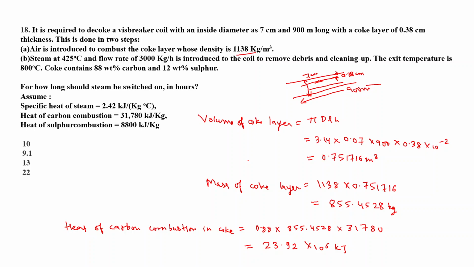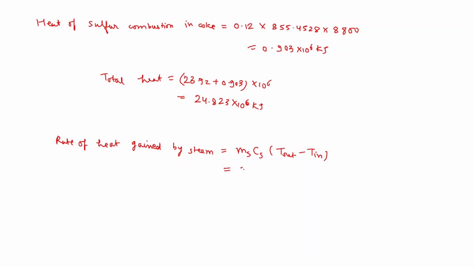Specific heat of steam is given as 2.42, and the mass flow rate of steam is 3000 kg per hour. Specific heat is 2.42. T out is 800 degrees C and T in is 425 degrees C. So after calculation, we get 2.7225 into 10 to the power 6 kilojoule per hour. So this is the heat gained by steam.